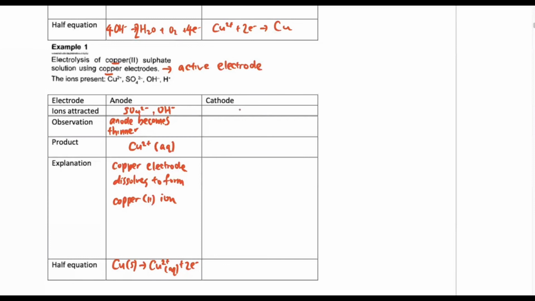Okay, now let's see this. Electrolysis of silver nitrate solution using silver electrodes. Again, there is a common factor: the metal and the ions are the same. So it becomes active electrodes again.